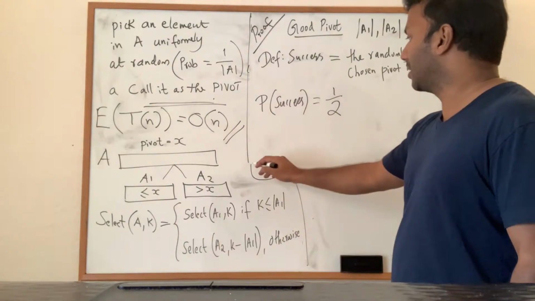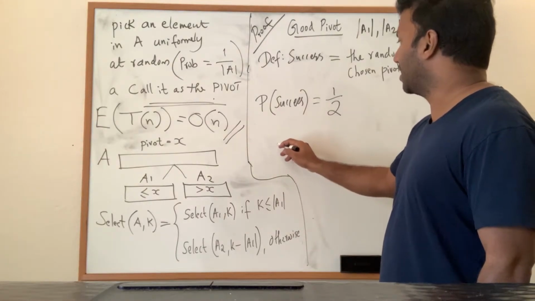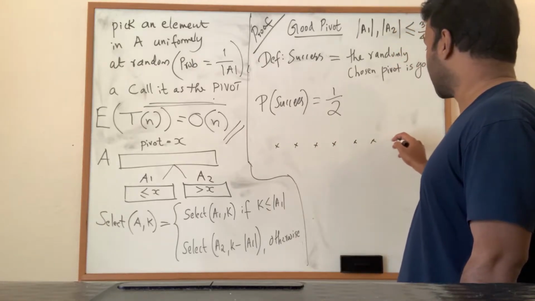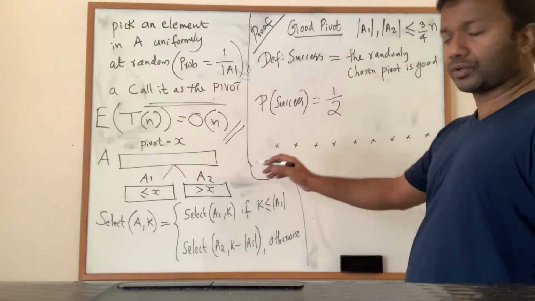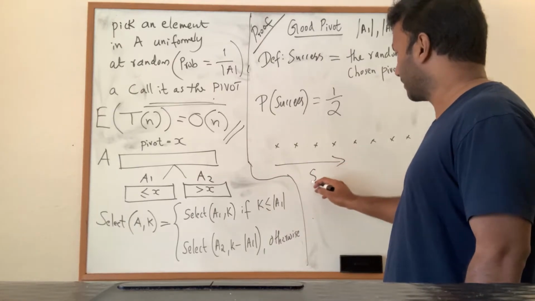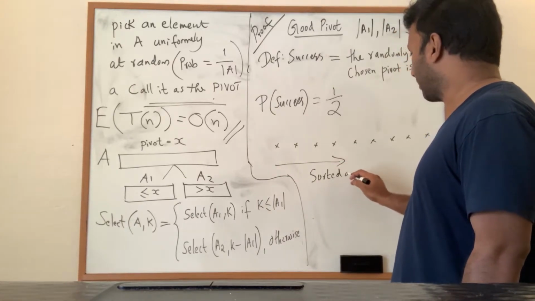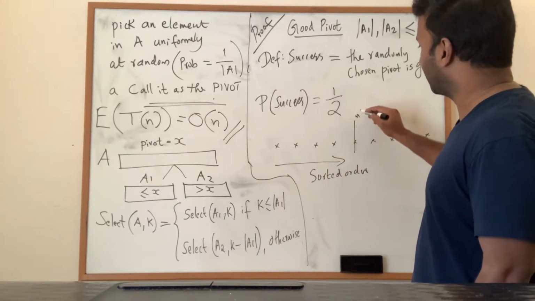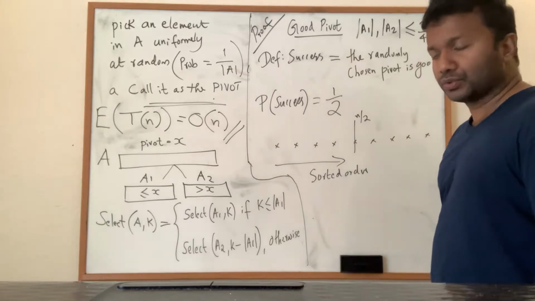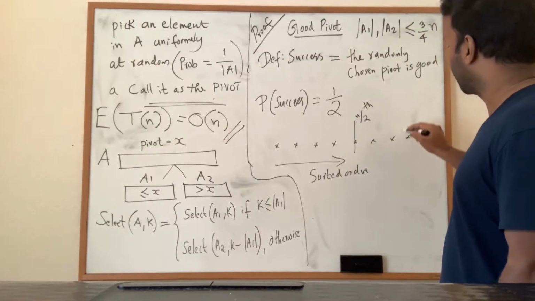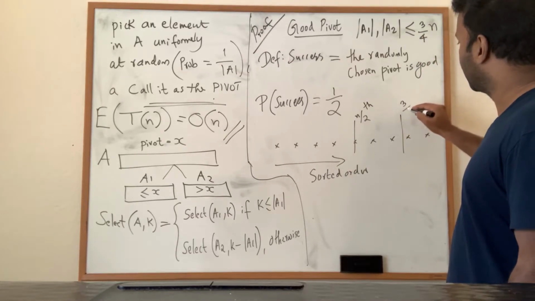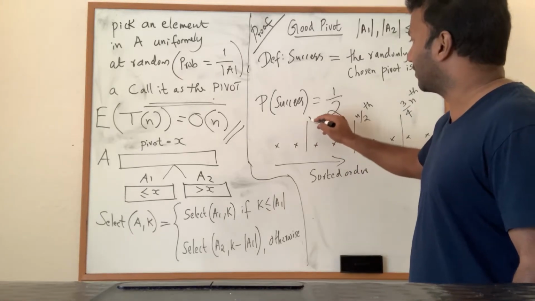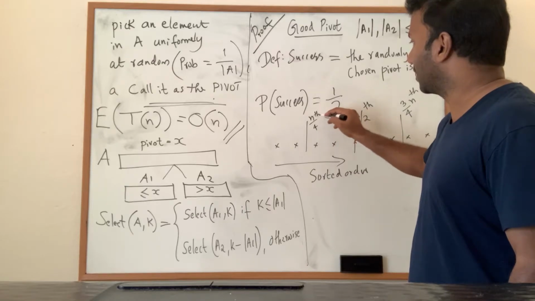Why? Because if you visualize the elements in the array A as follows, let's say these are in sorted order. That means somewhere here you have the n over 2th element, then somewhere here you have the 3n over 4th element, and somewhere here you have the n over 4th element.